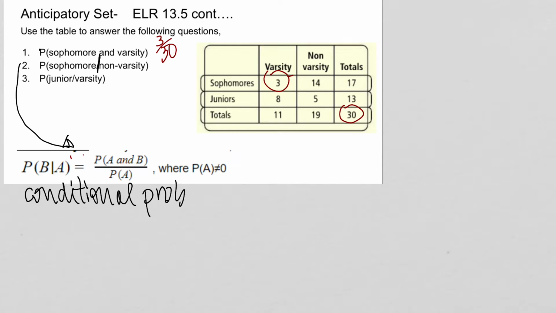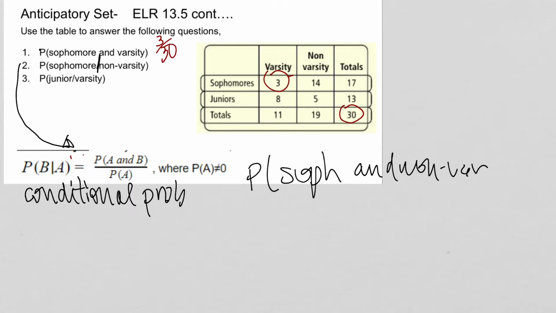So A and B, we have it as sophomore and non-varsity. Sophomore and non-varsity, all divided by the probability of the event that comes after the slash, which here in the formula is A, is the probability that they're on the non-varsity team.